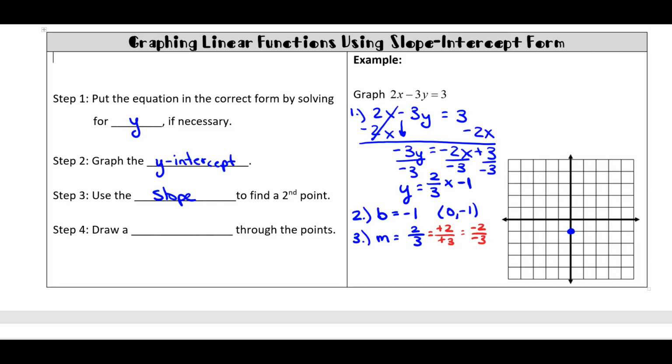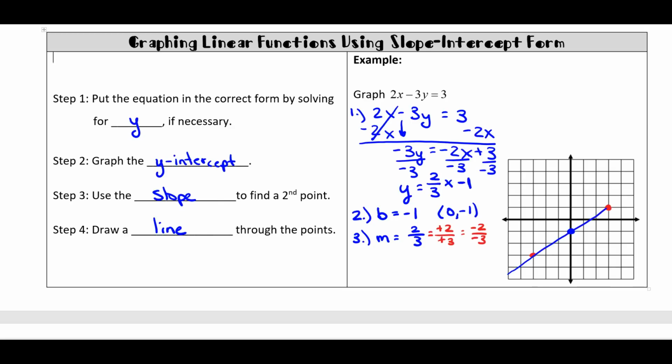So if I use my slope, I could go up 2 from this blue point, and then right 3, or I can go down 2 and left 3. And then our final step is to draw a line through the points. Again, this is assuming the domain is all real numbers. And since there's no domain on this function, it is all real numbers.